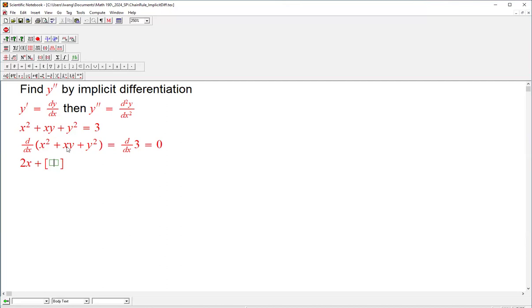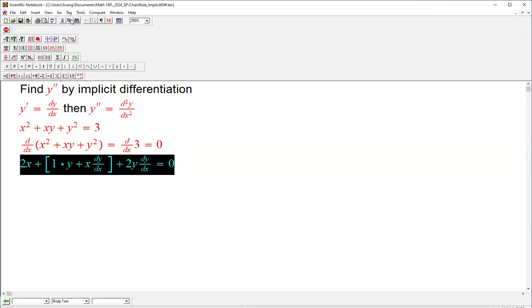The derivative of x is 1 times y, plus x times dy dx. And then the next part is the same rule, so it's going to be 2y dy dx equals 0.